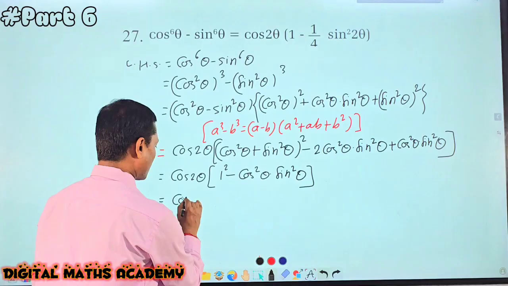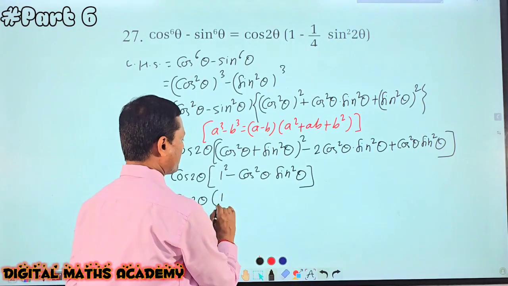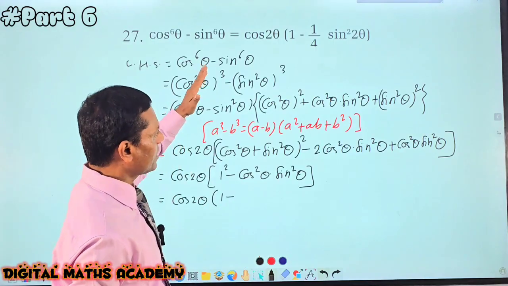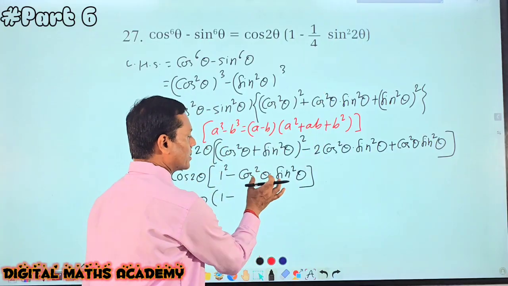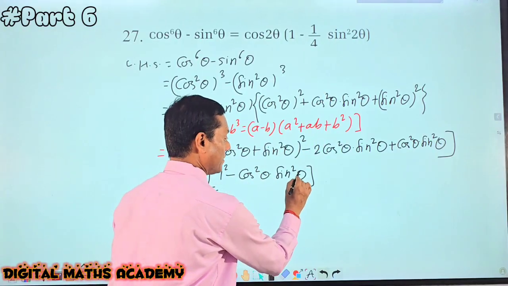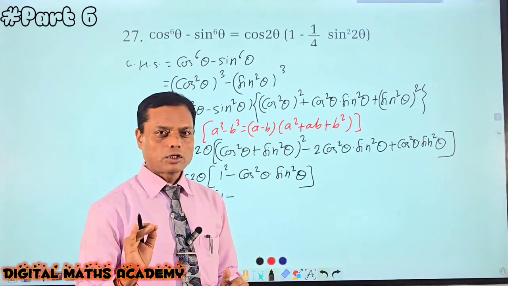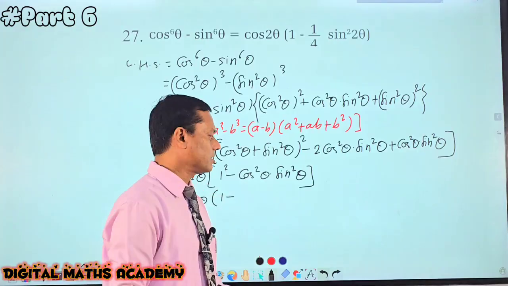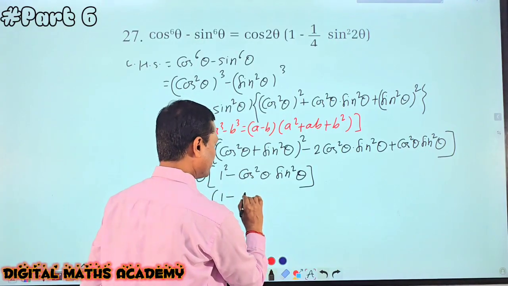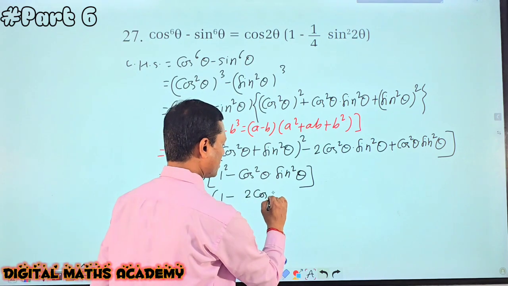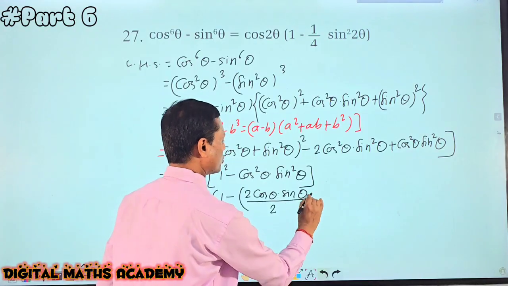After that, we can write here cos 2 theta, and 1 square means 1. When you see the right hand side, you have 1 by 4 sin square 2 theta. Here we have cos square theta dot sin square theta. One formula that all of you know is sin 2 theta equals 2 sin theta dot cos theta. So here we have cos theta dot sin theta, so we can write 2 cos theta dot sin theta over 2, and its whole square.